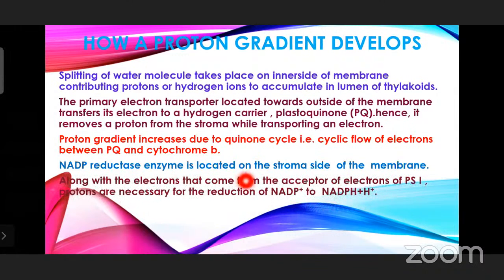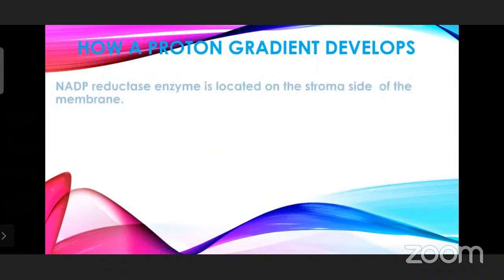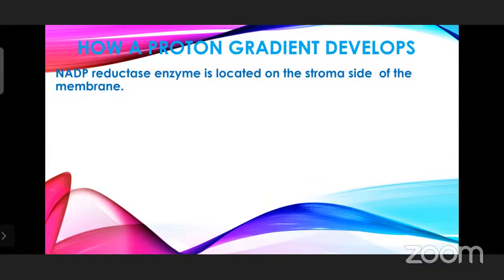Along with the electrons that come from the acceptor of electrons of PS1, protons are necessary for the reduction of NADP to NADPH2. How does a proton gradient develop further?